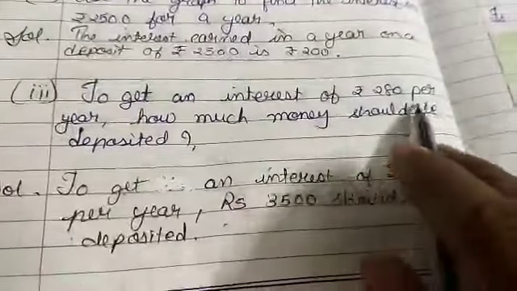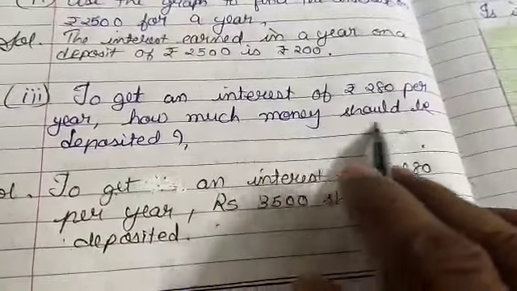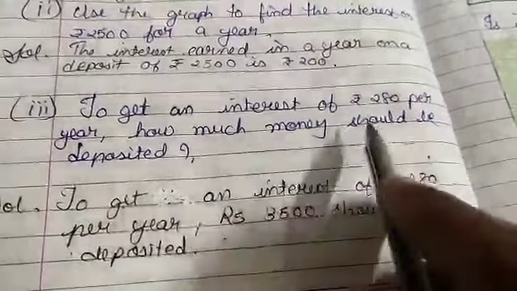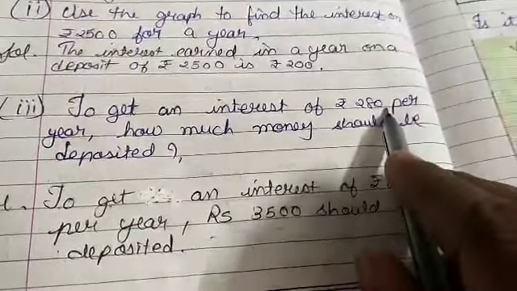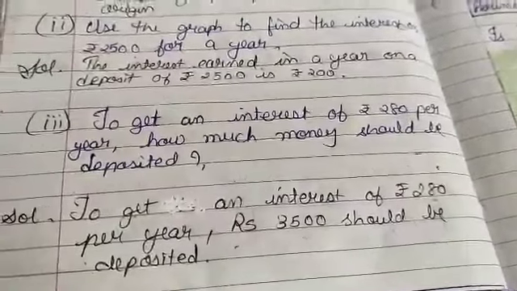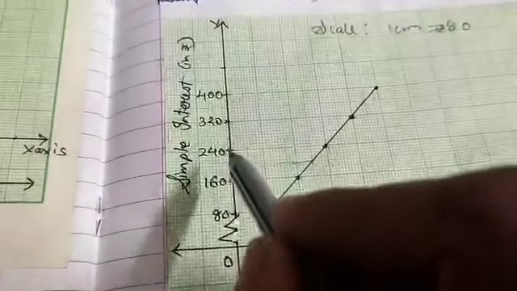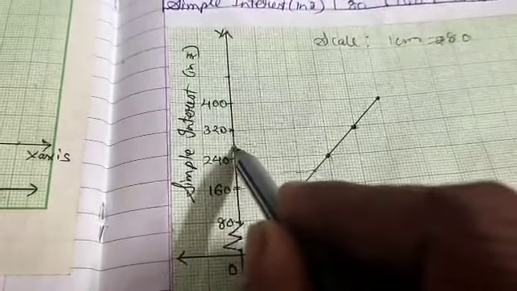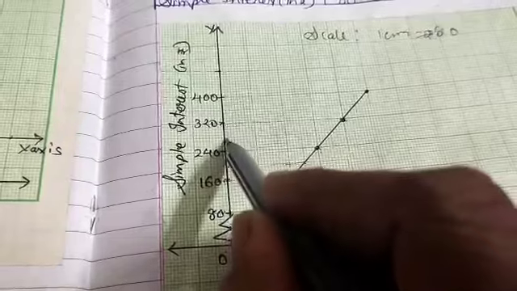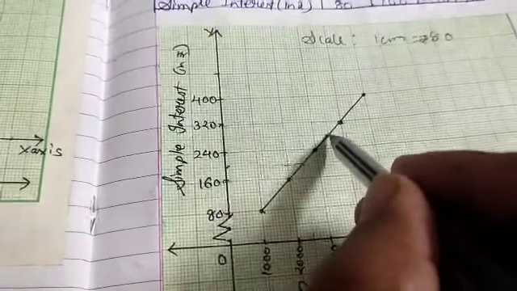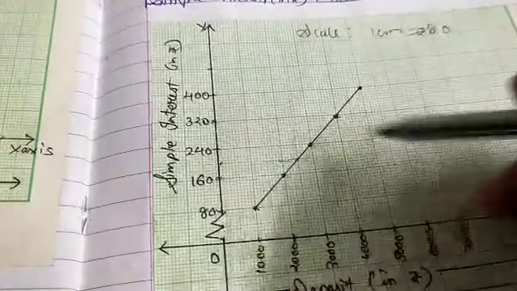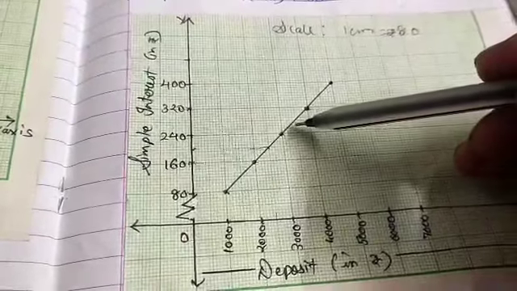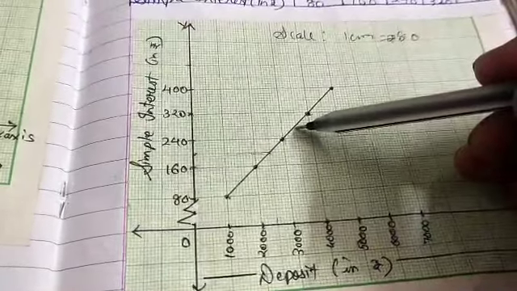Now, to get an interest of 280 per year, how much money should be deposited? To get 280 rupees as interest, how much amount does he need to deposit? So we have to observe the y-axis, where 280 will come. 280 will come exactly between 240 and 320. So again you move horizontally, touch that linear graph, and wherever it meets, observe the amount to be deposited.